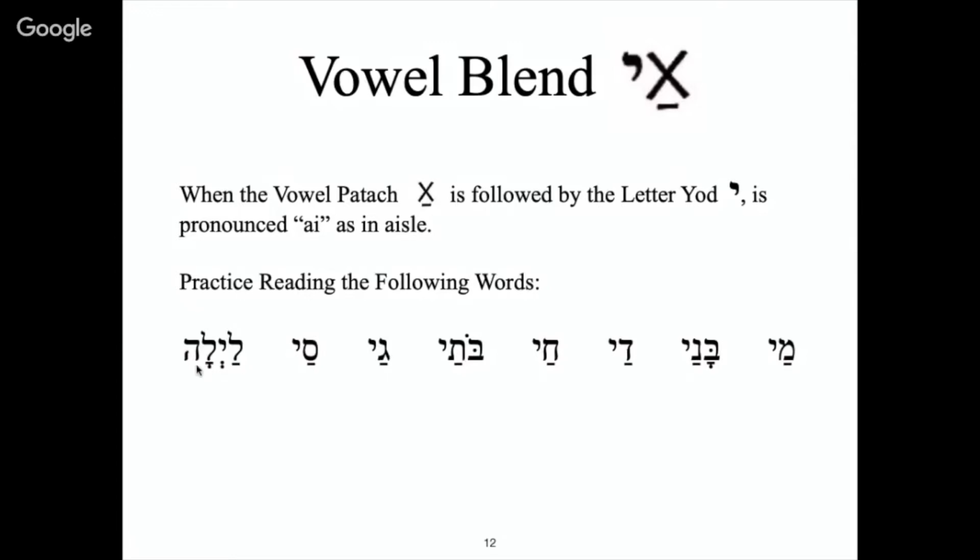And finally, we have lie, la. And we could see that the sheva here ends the syllable. So it's lie, la. So again, this is going to be an important vowel blend for us, especially when we read the Tanakh, because this vowel blend occurs very regularly in the Tanakh.